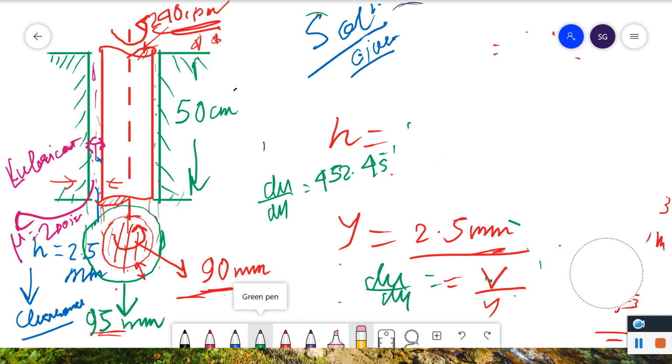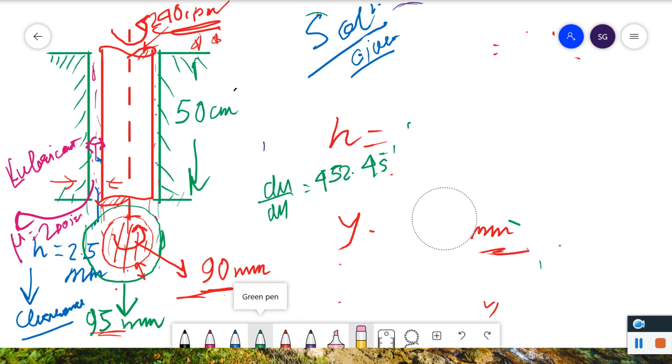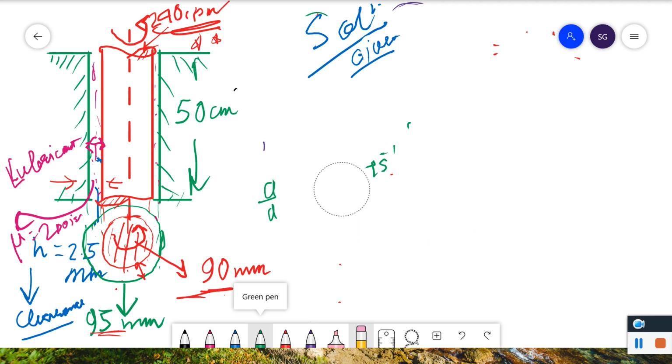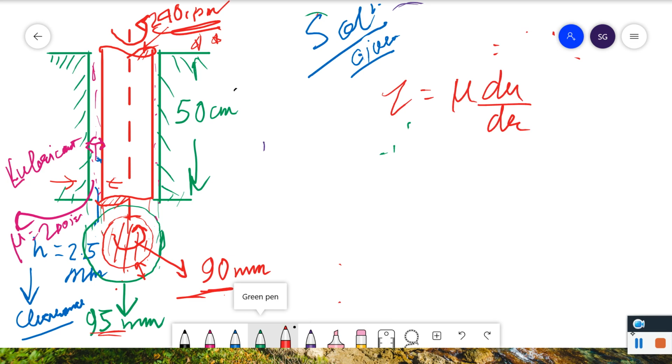So we got our two terms, and now I will tell you what is the meaning of this poise. Most of them are confused what is this poise. Okay, so poise is nothing but a CGS unit. Tau is equal to mu du by dr, and here mu is poise.